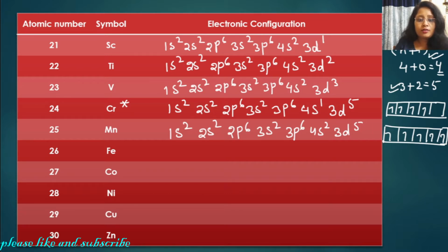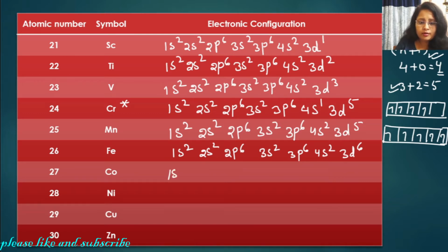The iron configuration we will write: 1s2, 2s2, 2p6, 3s2, 3p6, 4s2 and 3d6. Again the same will happen until d occupies 10 electrons.